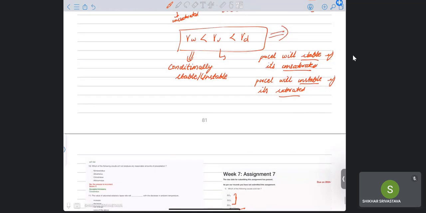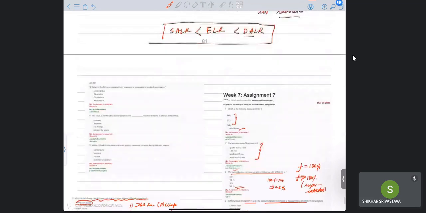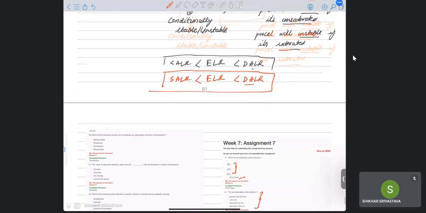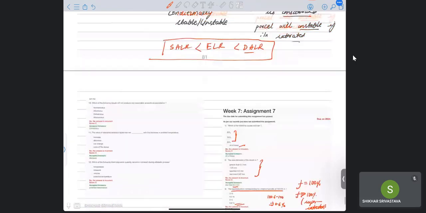And for that, your environment lapse rate, that is ELR, should lie between the dry adiabatic lapse rate and the saturation adiabatic lapse rate. SALR is less than ELR. So the first option is the right option for that.